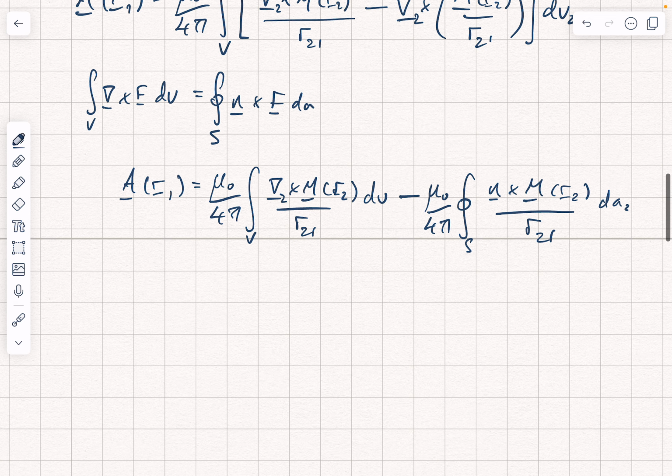And we can, of course, flip the n and the m around and change it to a plus sign. And so we finally end up with the formula mu naught over 4 pi.